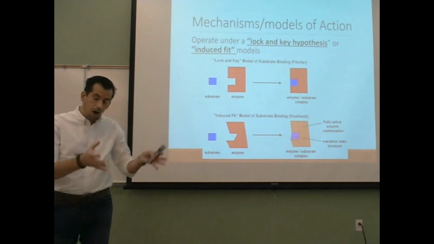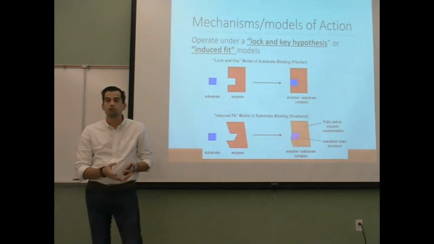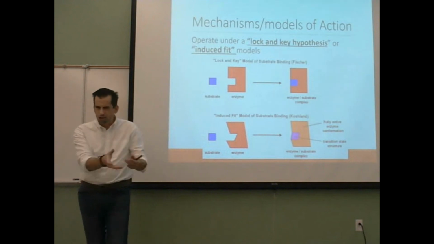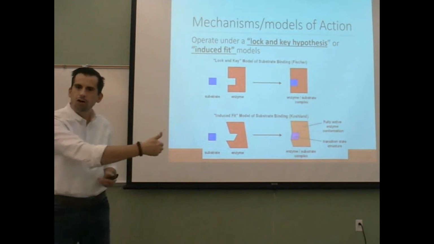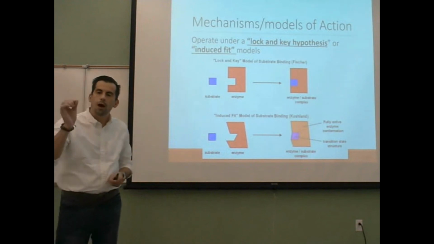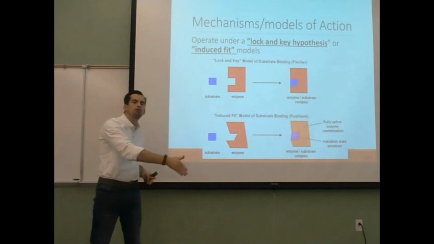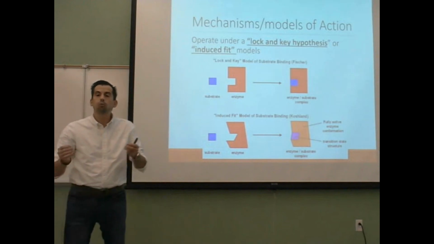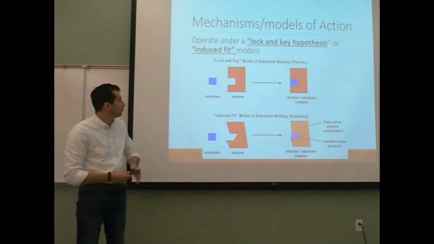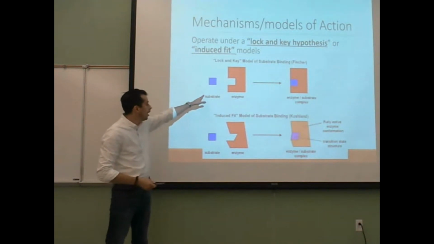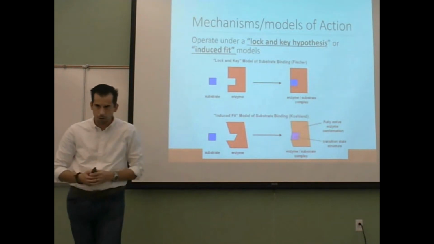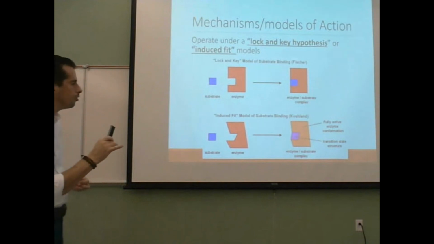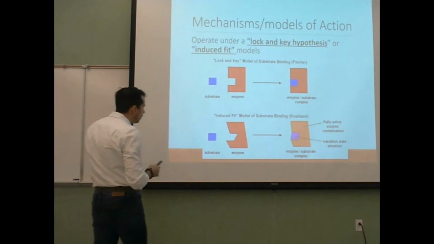Salivary amylase takes these large carbohydrate molecules and starts breaking them down. Very non-specific. It doesn't matter which subunits are in there. It just starts breaking it down. But whether we're looking at an enzyme that's very specific or an enzyme that's very non-specific, because we're talking about the relative specificity, we're using the lock and key model. It describes the enzyme's specificity.